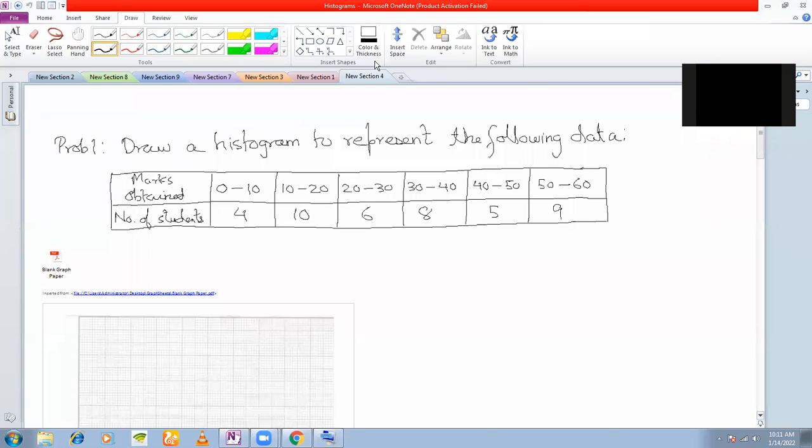But if, in place of class boundaries, class limits are given, then you will first convert the class limits to class boundaries. Okay.